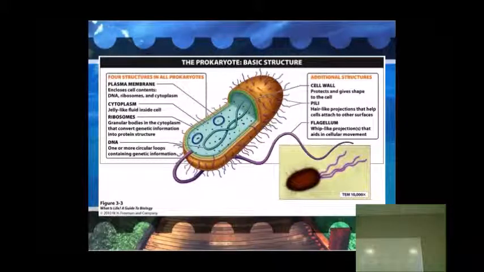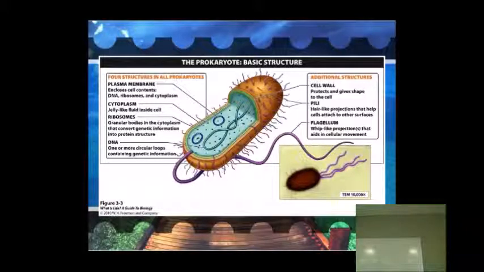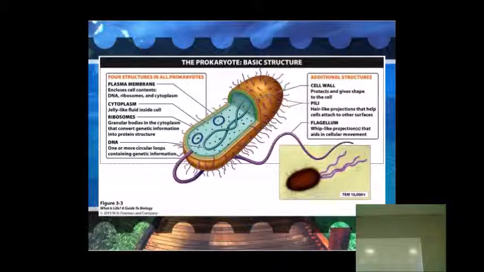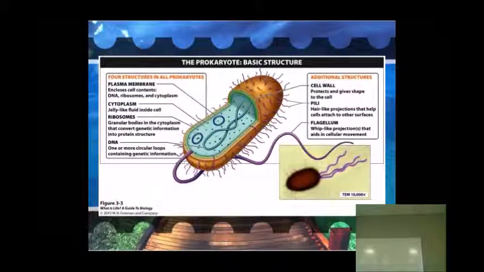What's interesting is that the pili are what cause you to be sick when you get a bacterial infection. If you have bacterial pneumonia, those pili are what make it stick inside of your lungs. They're like little Velcro sticking it to whatever makes it sick. And then the flagellum are what let it swim around and get wherever it wants to go.